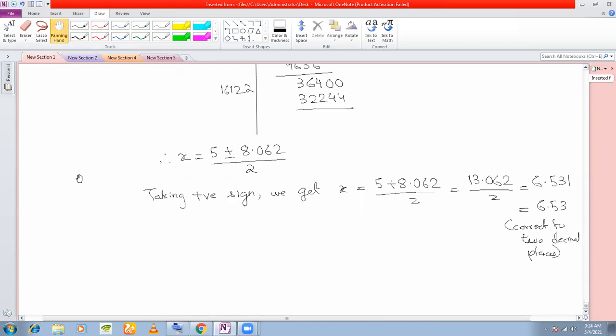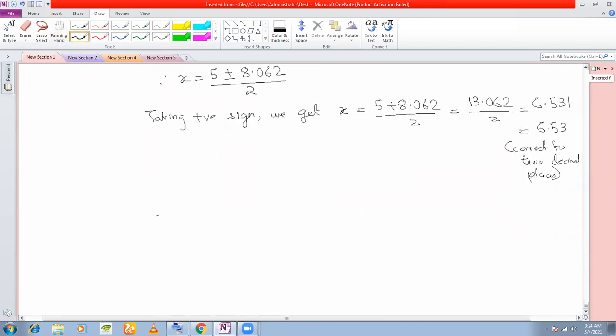Fine. Now we take the negative sign. Taking negative sign, we get x is equal to 5 minus 8.062 divided by 2. Okay, so now we are going to subtract these two.